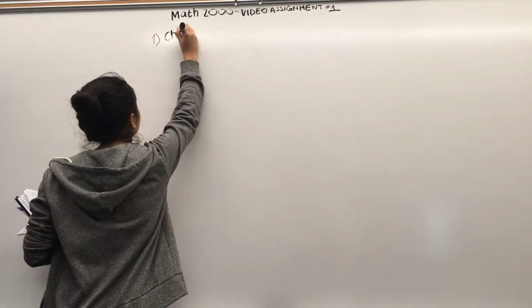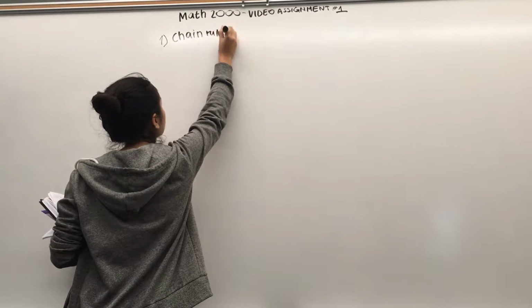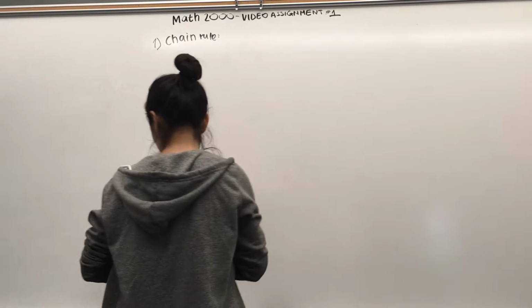So in order for the chain rule to occur, there must be certain conditions that must be followed.